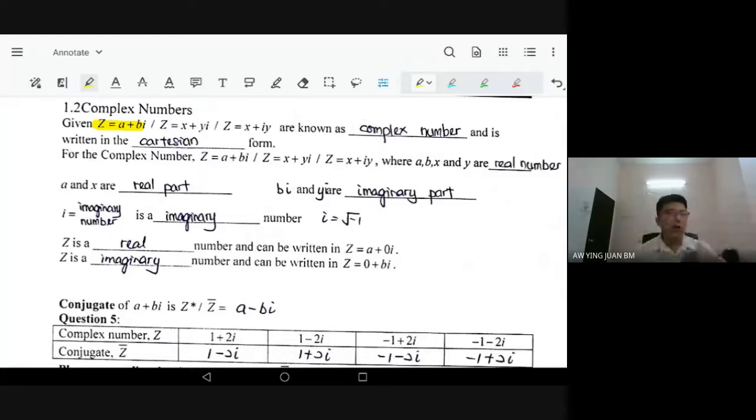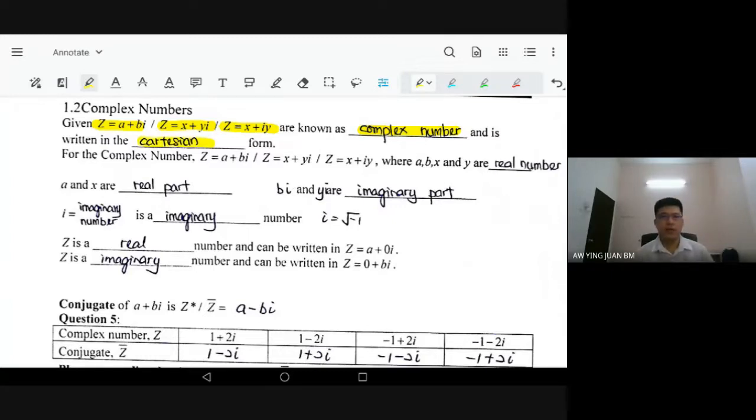Okay? Kalau you tengok buku-buku yang lain, dia akan express X plus YI atau X plus IY. Semua adalah benda yang sama. So dalam kelas saya akan guna A plus BI. So we call it complex number and is written in the Cartesian form.